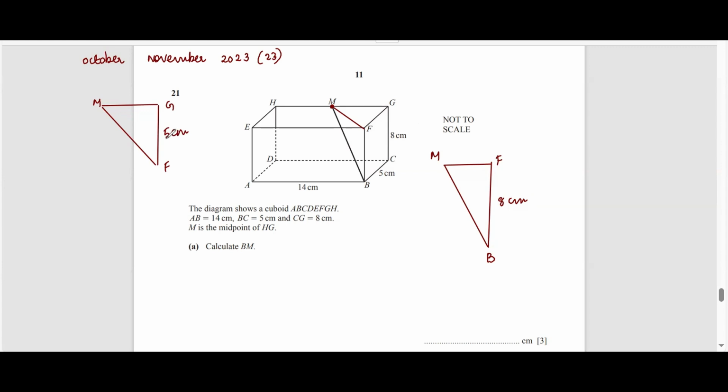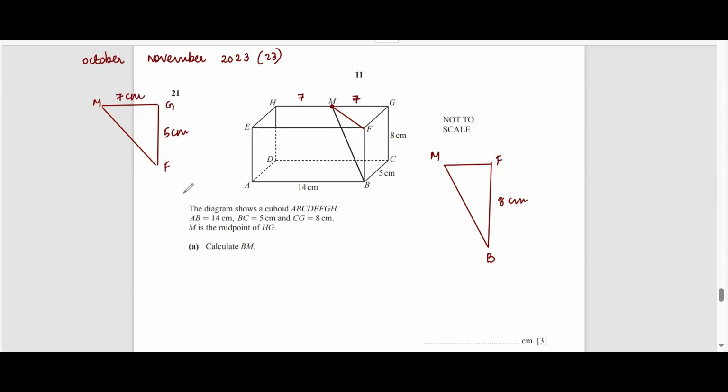And we know that HG, the whole thing, is 14 centimeter. If AB is 14 centimeter, HG will also be 14 centimeter, and it's given that M is the midpoint. So this will be 7, this will be 7. MG will be 7 centimeter.